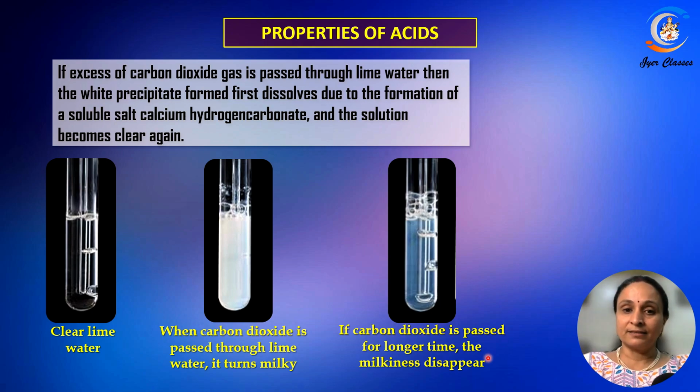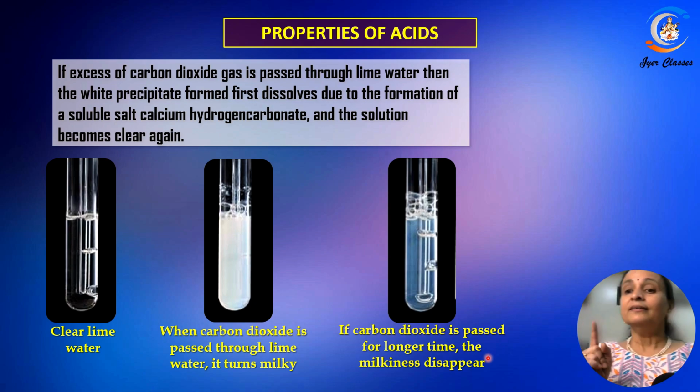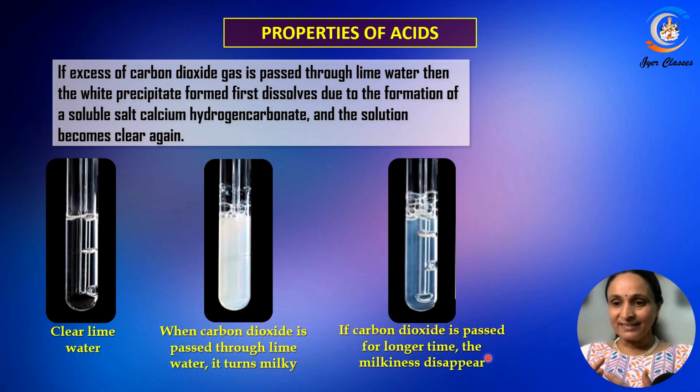The milkiness disappears. Then you know that the gas which you have passed through is called carbon dioxide. No smell, it will not burn in fire, only it turns lime water milky. Okay? Understood all of you?